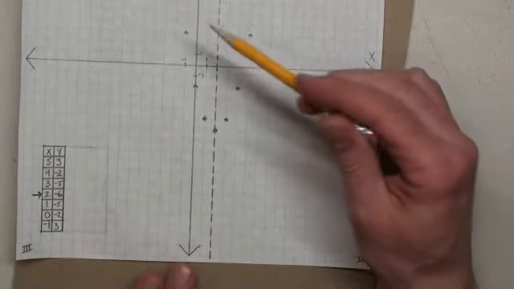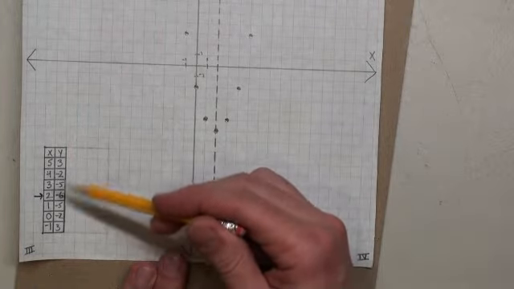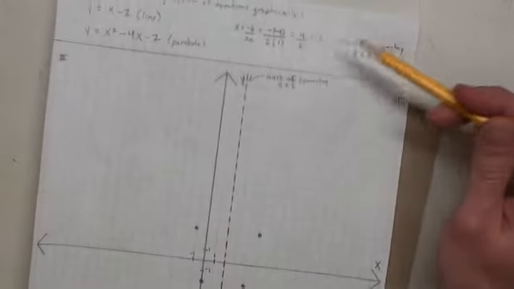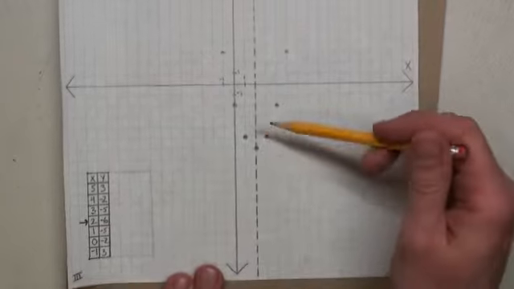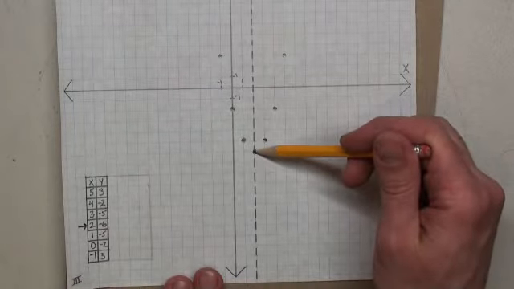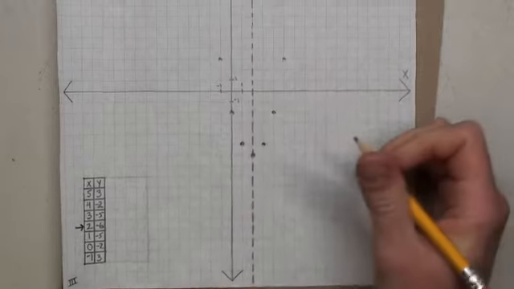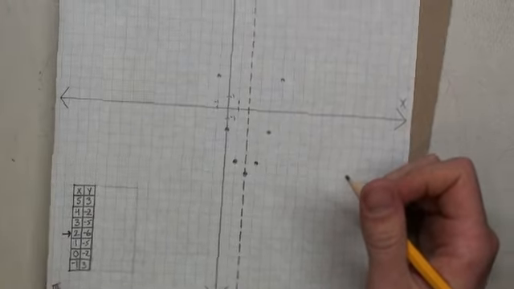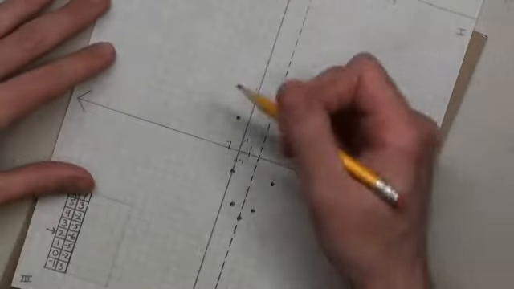So not only is it symmetrical in our graph, but it's also symmetrical in our table. And that's why we use that axis of symmetry value as the middle of our table. All right? Because it's right where the turning point is for the parabola. So now, this should look like we want to finish plotting this.